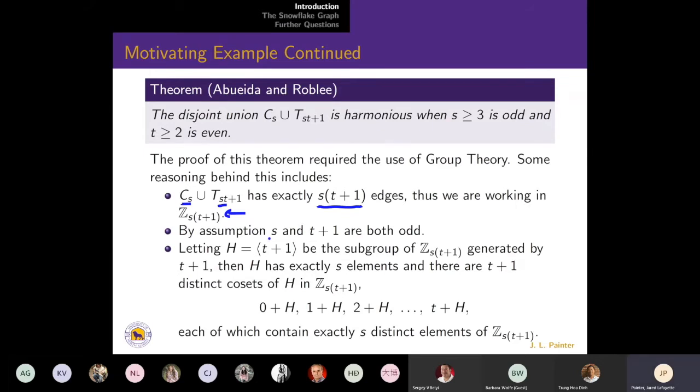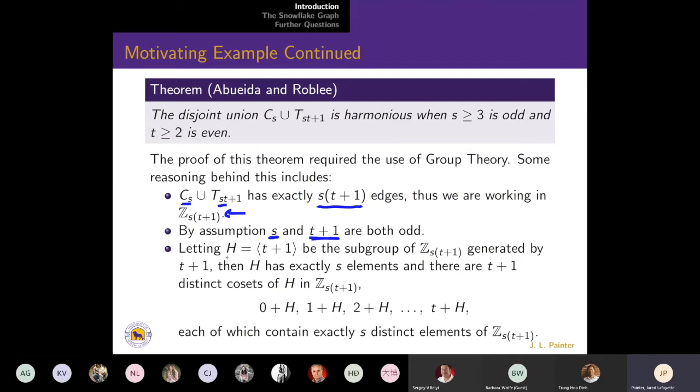By assumption, we assume that S is odd, and T was even, which means T plus 1 is odd. So these are both odd, so that product is going to be odd as well. And that's important in using all this group theory: you want to be working in Z mod something that's odd, essentially, to make things work right.